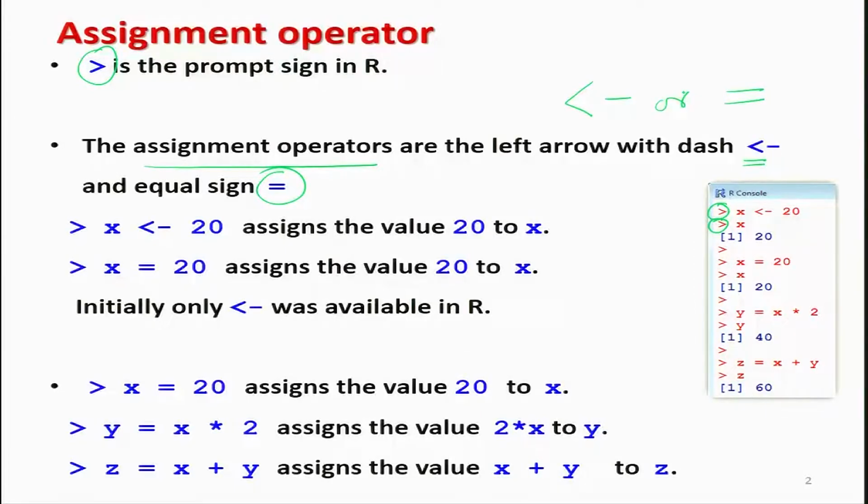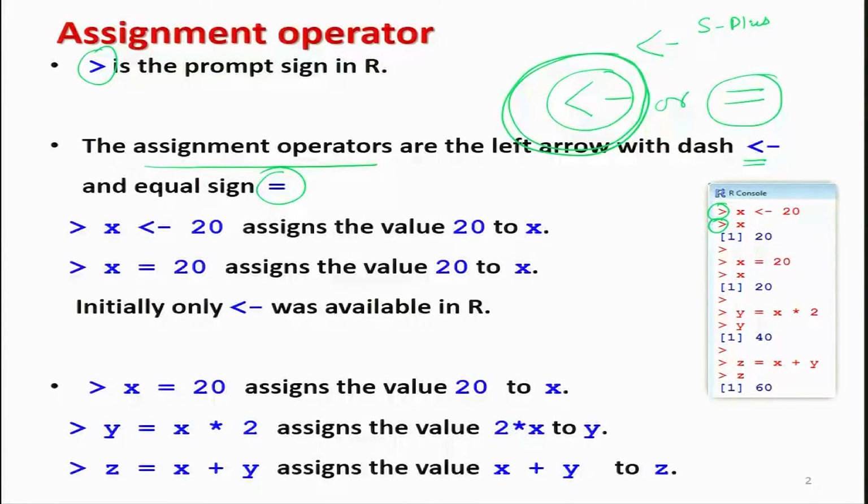Actually when R started, in the beginning there was only one assignment operator, less than and dash, and this was the same operator which was also available in the S plus software.